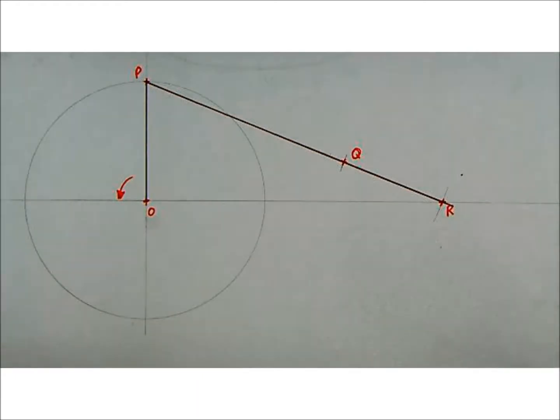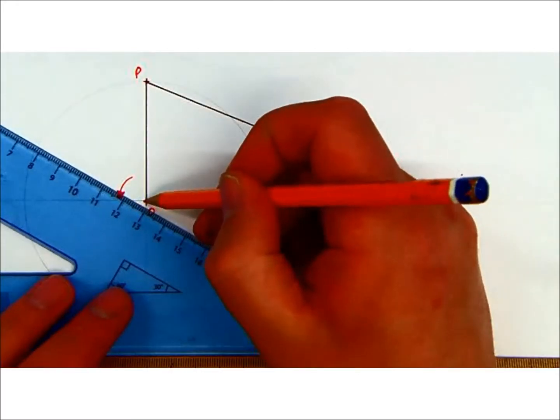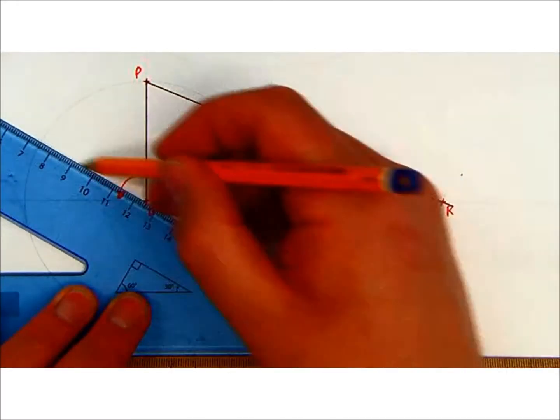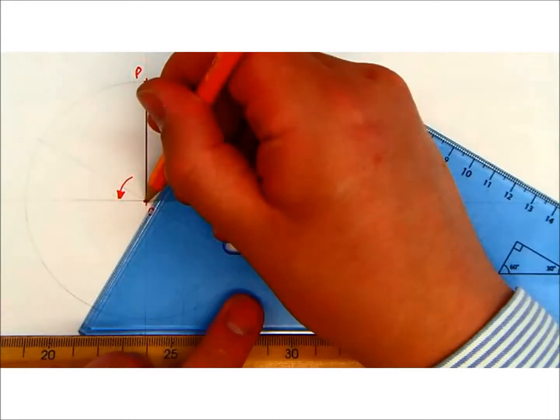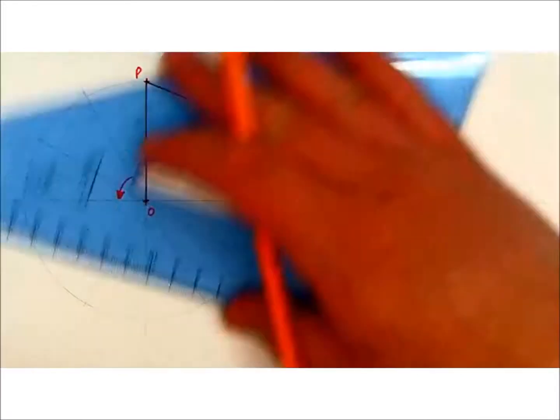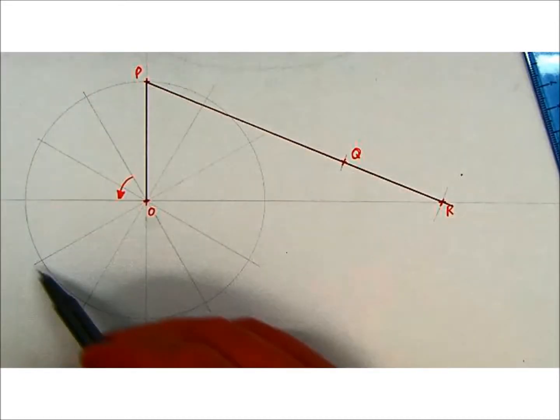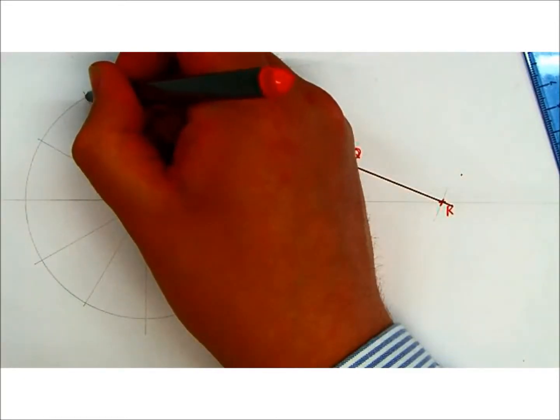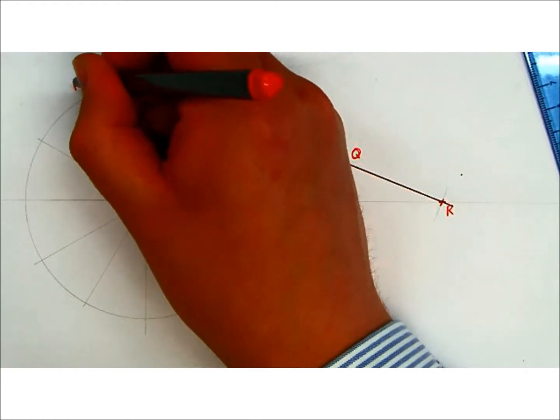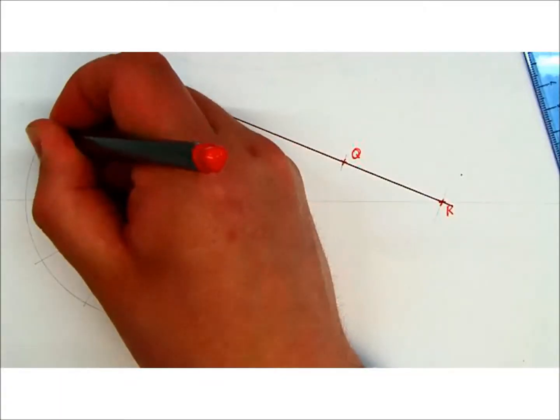First things first, if it's doing a full revolution, divide up the circle of the crank, that OP, into 30 or 60 degree divisions and find 12 points. As your point P rotates around, it moves to these different positions, so label it accordingly, point P1 and so on.